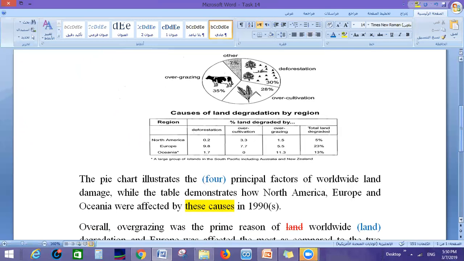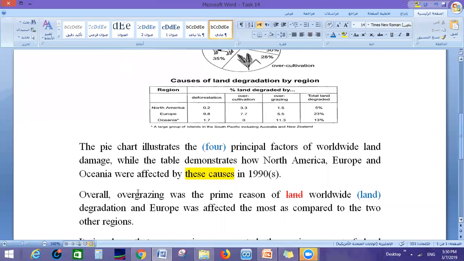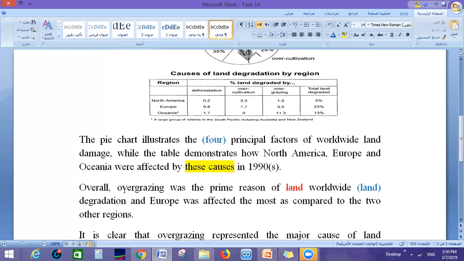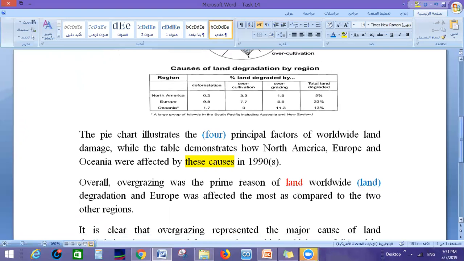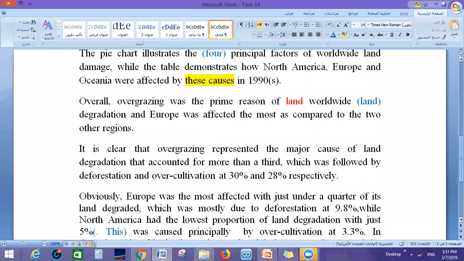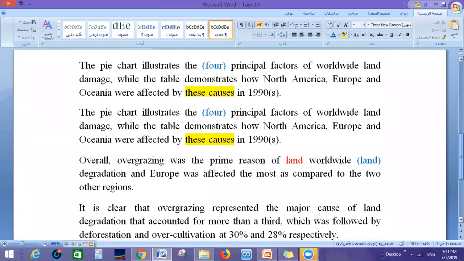Okay, good stuff. Let's take a look at the overview. Overall, overgrazing was the prime reason of worldwide land degradation, and Europe was affected the most as compared to the 2 other reasons.